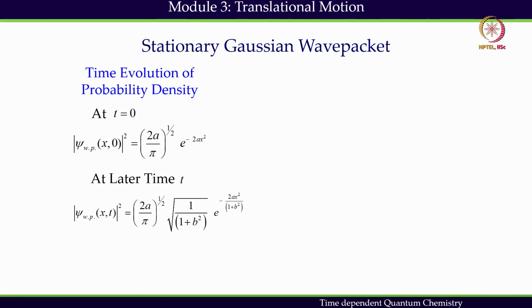So, next we will try to understand what are the changes we will expect for that Gaussian. For that we will find out the width of the Gaussian.